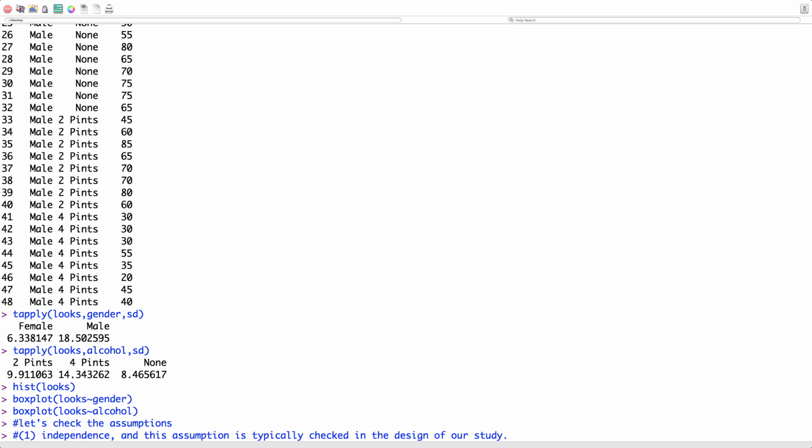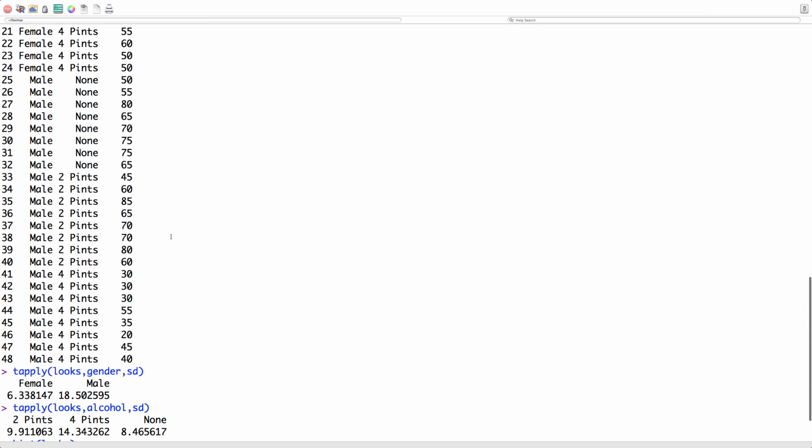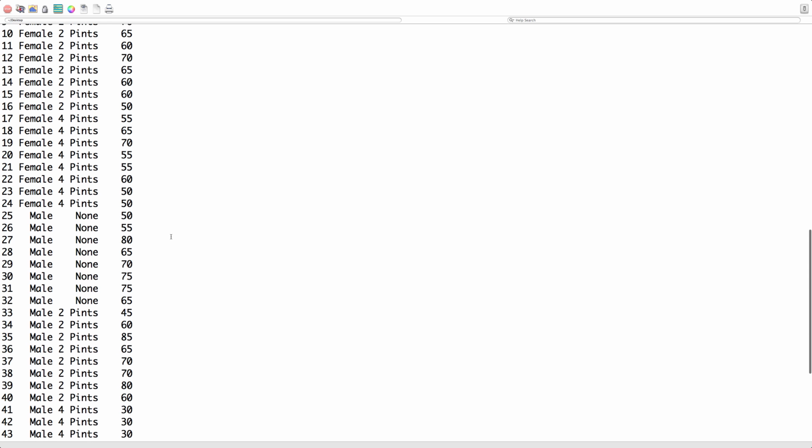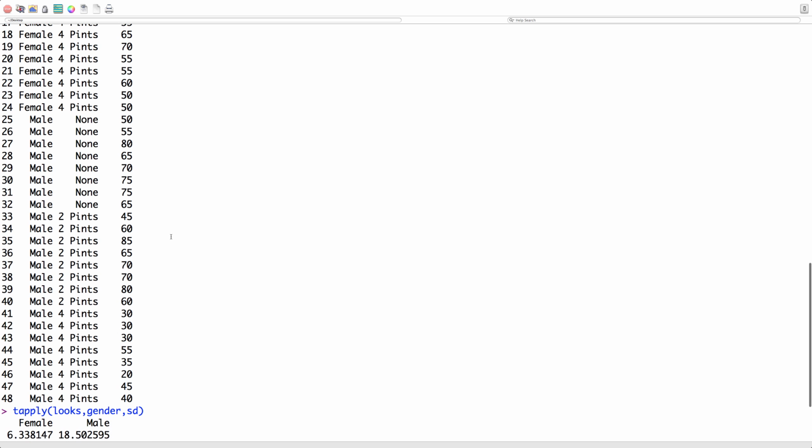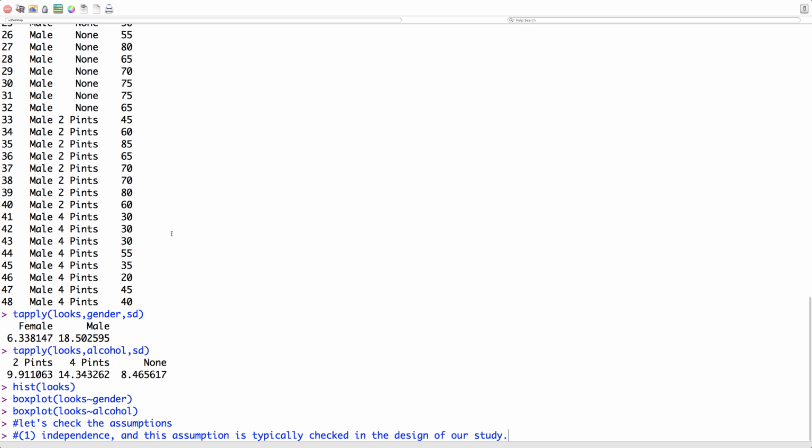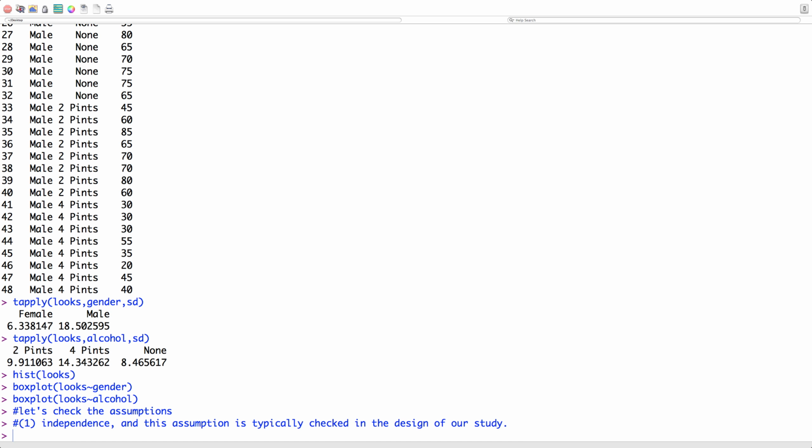For example, if the researcher just went to some bar where there were a lot of couples, and just went up to couples and started asking them if they wanted to be in the study, well, that would be a threat to independence, because there might be studies out there that show that better-looking males end up with better-looking females. So if you include both of them in the study, then there could be a threat to independence.